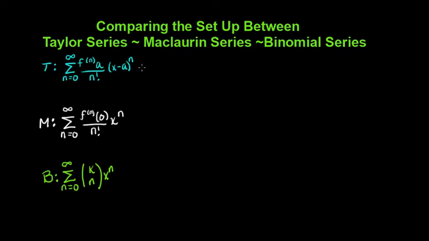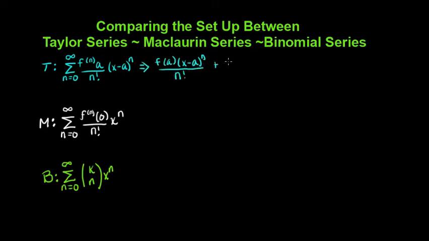So starting with the Taylor series. When this gets broken down term-wise here, you're always going to have f of a multiplied by x minus a to the nth power all over n factorial.